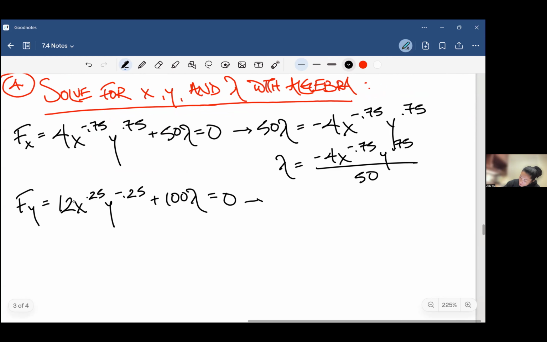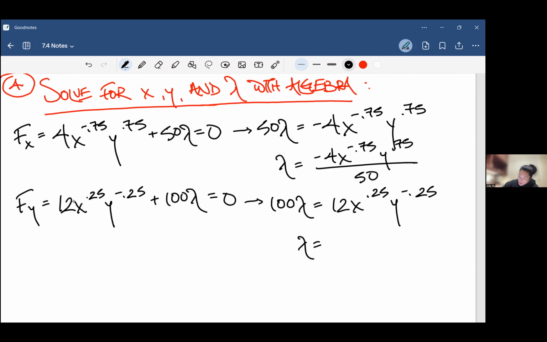And so that should get me 100 lambda equals negative 12x to the 0.25, y to the negative 0.25, and I'm going to divide by 100. And so I'll get negative 12x to the 0.25, y to the negative 0.25 over 100.